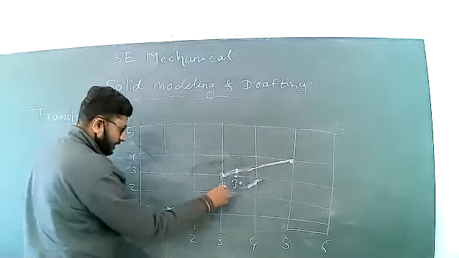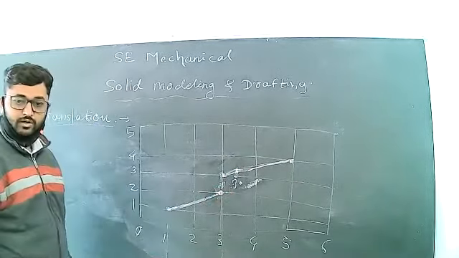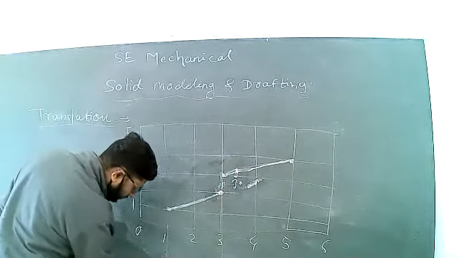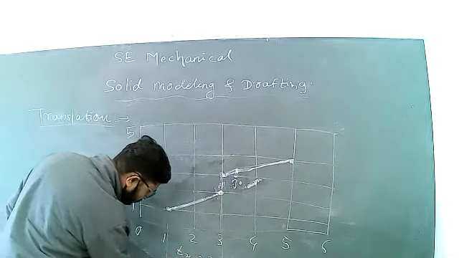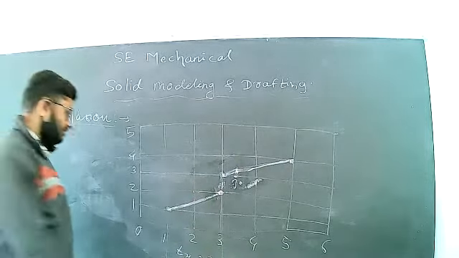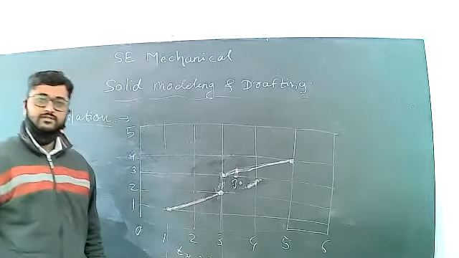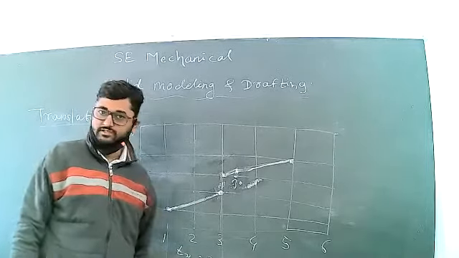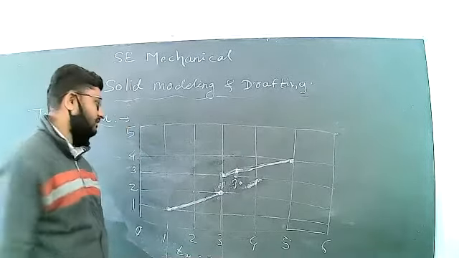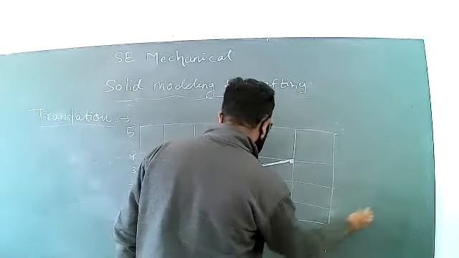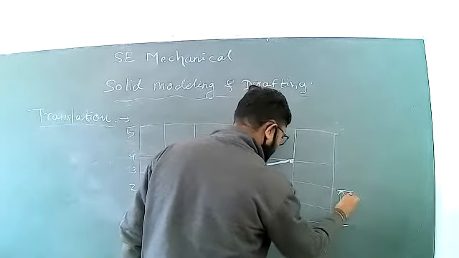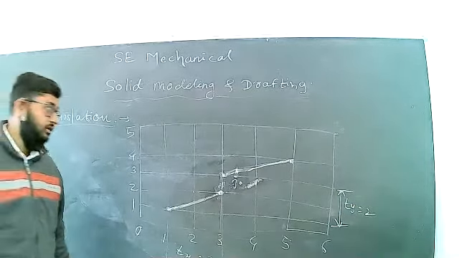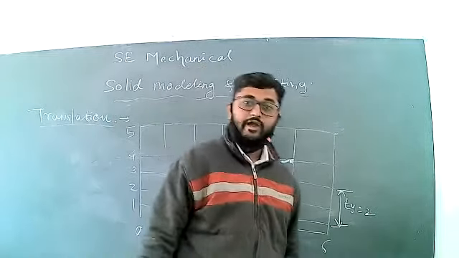So in this case, for translation, here this distance tx is equal to 2. That is, the translation along the x axis, tx is equal to 2, the distance on the x axis, and the vertical distance ty is also equal to 2, the distance along the y axis.